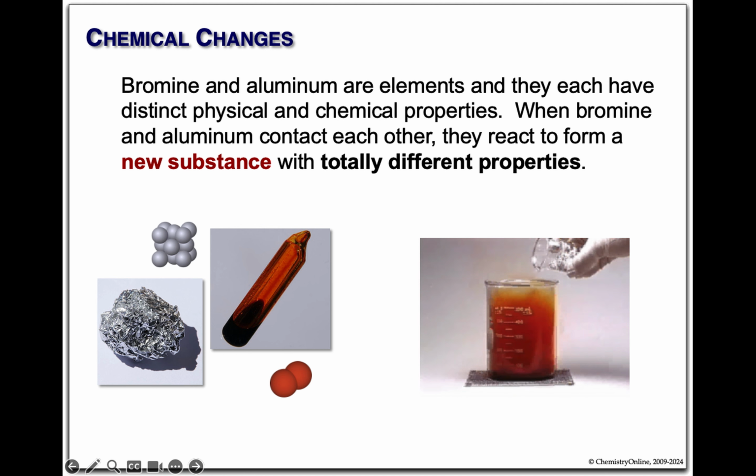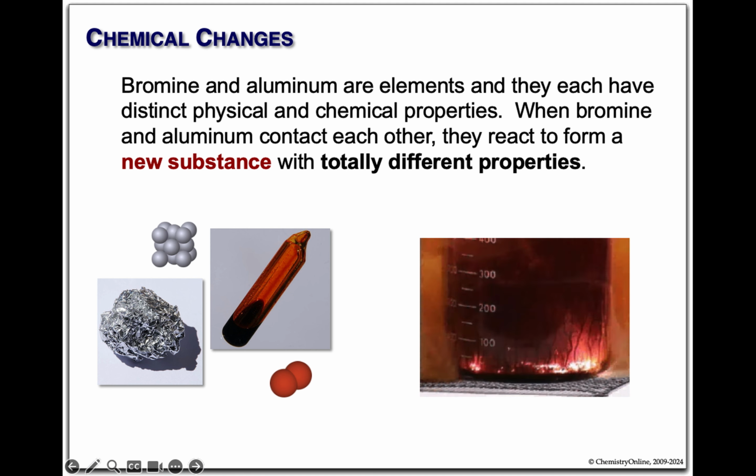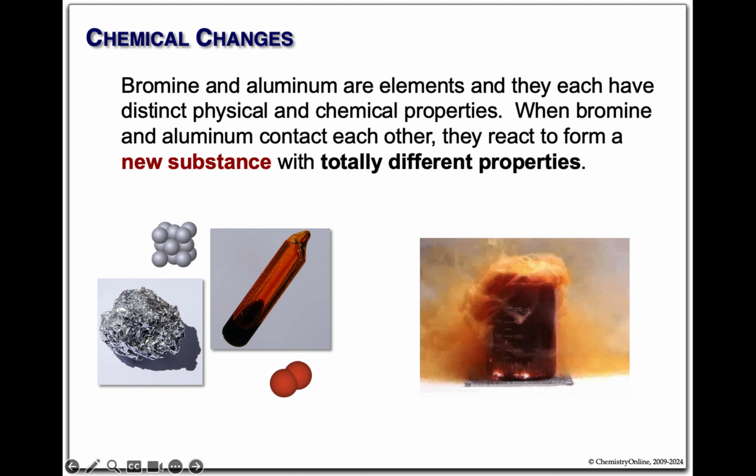It even looks poisonous. And as you add it, after a couple seconds, suddenly you see flames. You see huge clouds of poisonous gas coming out. Done in the fume hood, don't breathe it.